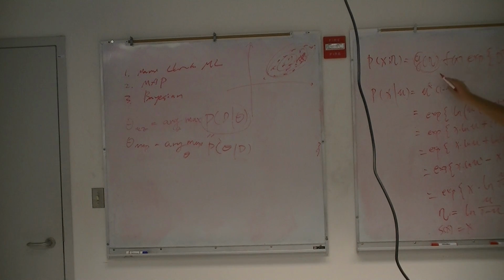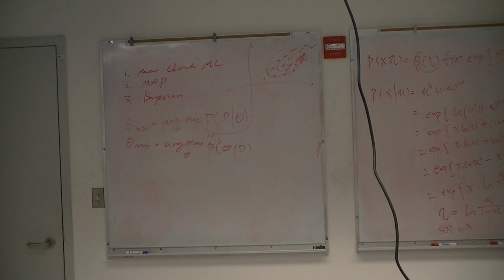So if this function takes eta as the parameter, we need to somehow turn the function into g of eta. So from here we start again, eta equals log mu over 1 minus mu.